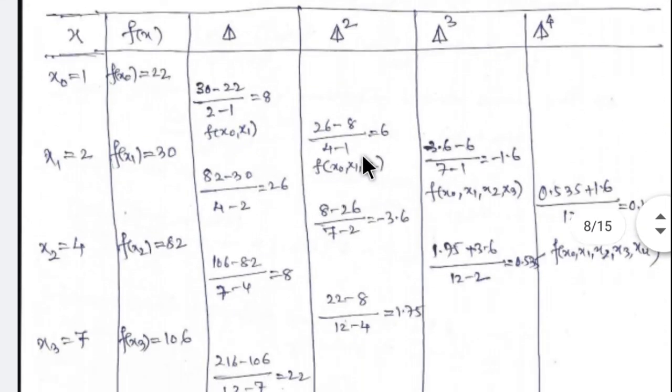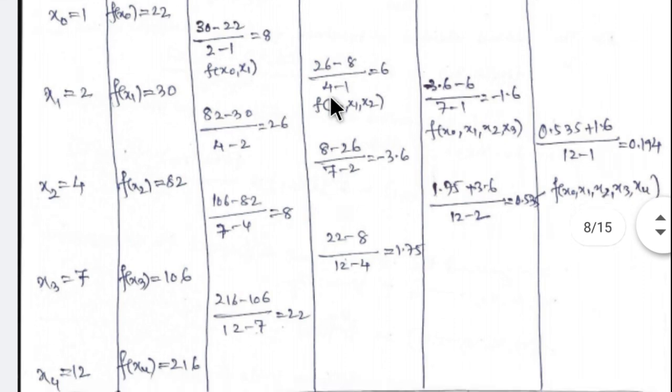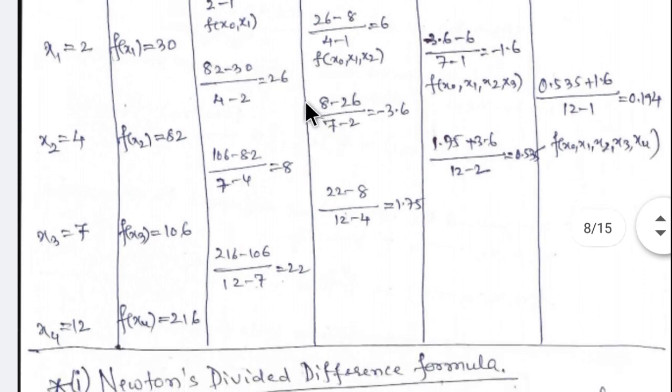Similarly, for the second order, comparing with theory, it is very simple. 26 minus 8, but in the denominator, for f of x naught, x1, x2, you have to take x2 minus x naught, that is 4 minus 1. Then 8 minus 26 divided by x3 minus x1, 7 minus 2.